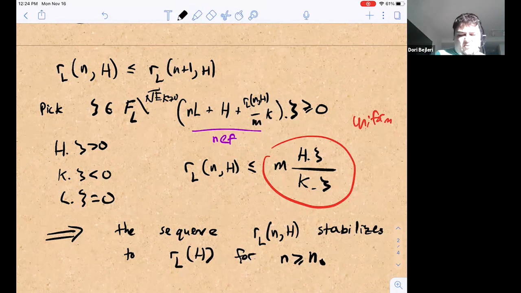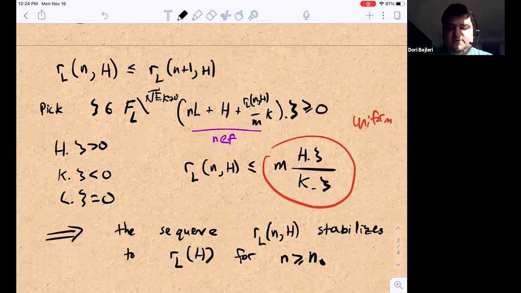Okay, so that was the important point, is that eventually this nef threshold stabilizes when we keep adding multiples of L.